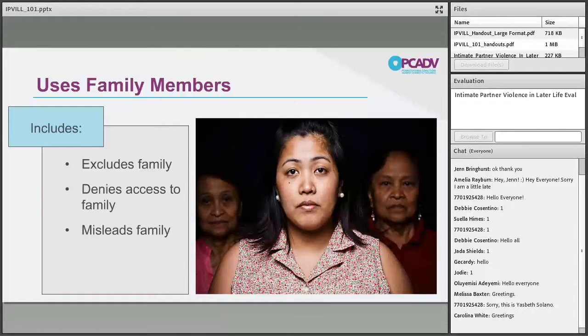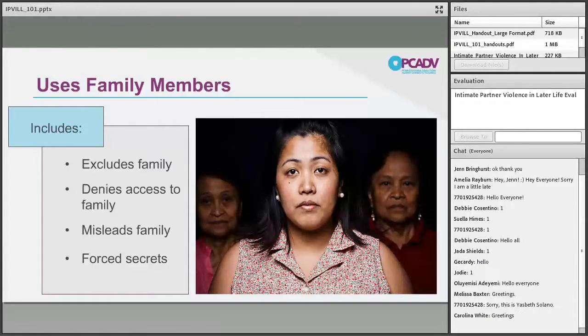If someone calls and asks to talk to the older adult, saying, oh, they don't want to talk right now, they're fine, everything's okay. Or if there's medical things going on, saying, the doctor said everything's fine, just keeping the family out of the loop. And then forcing family to either keep secrets from the older adult survivor or keeping secrets from the family about the survivor.